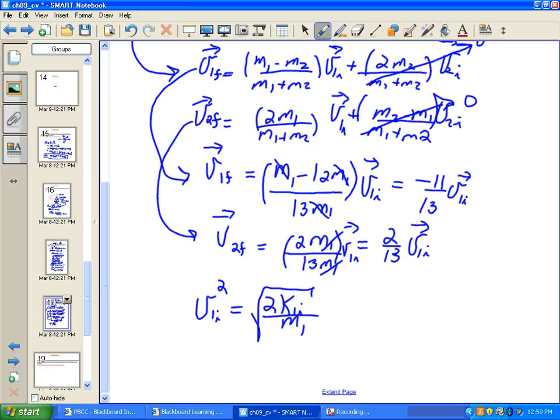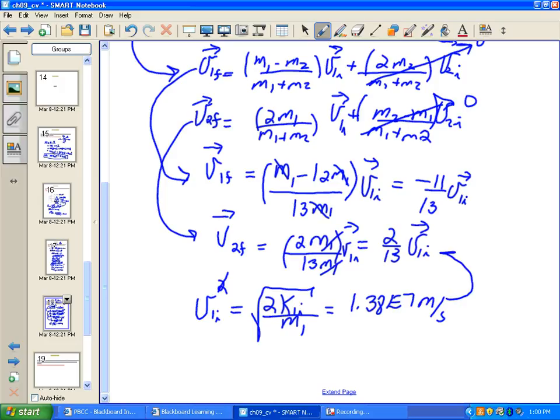We'll take a square root and plug in the numbers. 2 times 1.595 e to the minus 13 joules divided by 1.675 e to the minus 27 kilograms, take a square root, and we get 1.38 e to the 7 meters per second.